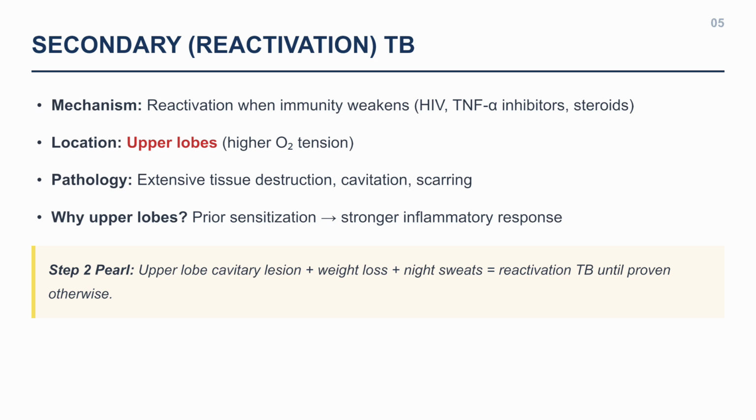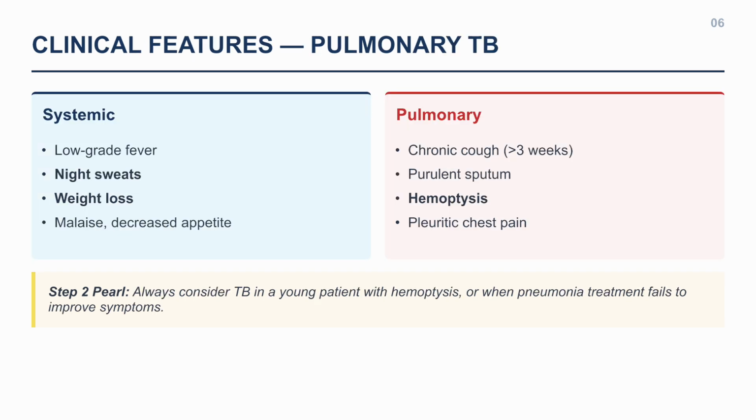Because the patient was previously sensitized, the inflammatory response is much more vigorous, causing extensive tissue destruction, cavitation, and scarring. Step 2 Pearl. An upper lobe cavitary lesion combined with weight loss and night sweats is reactivation TB until proven otherwise.